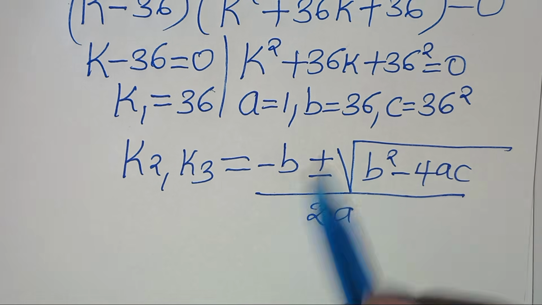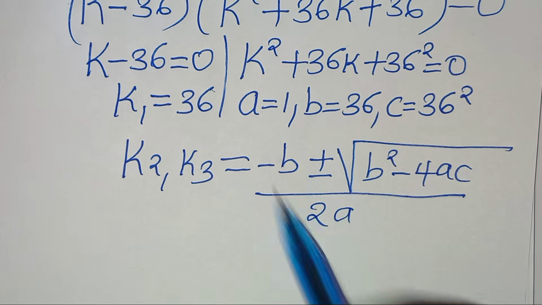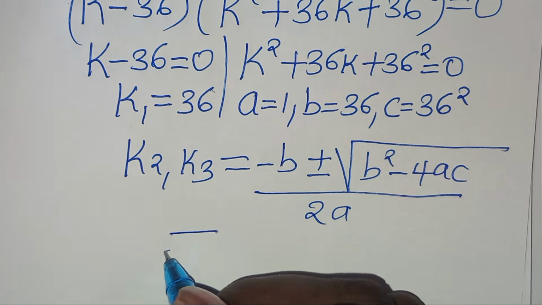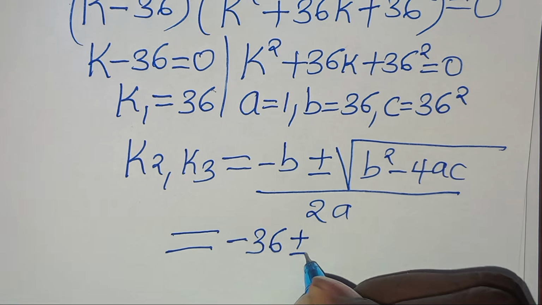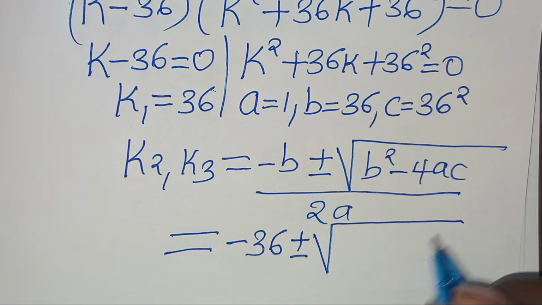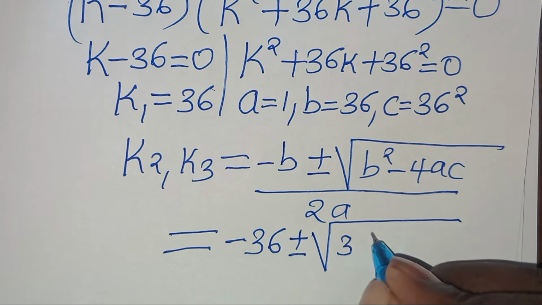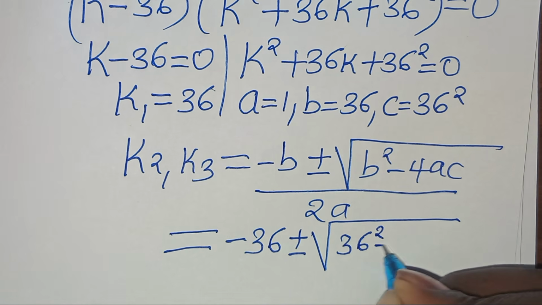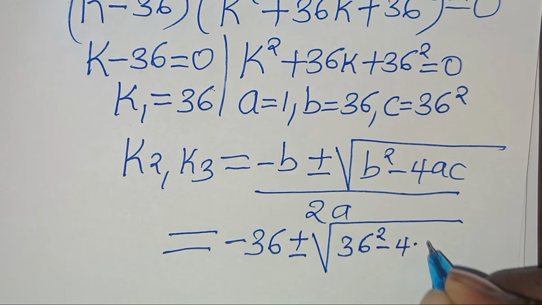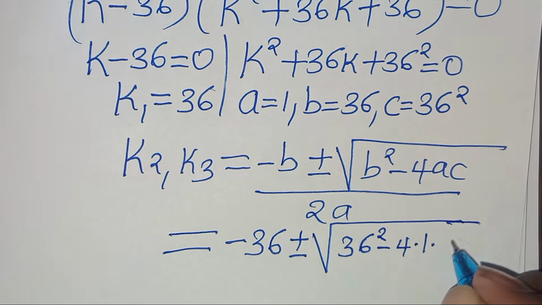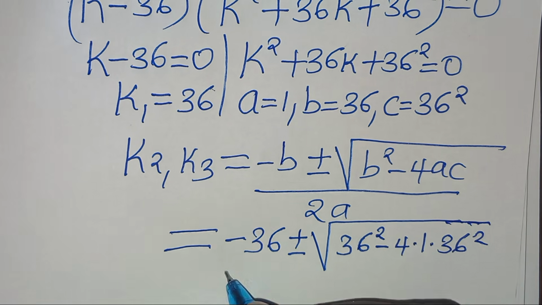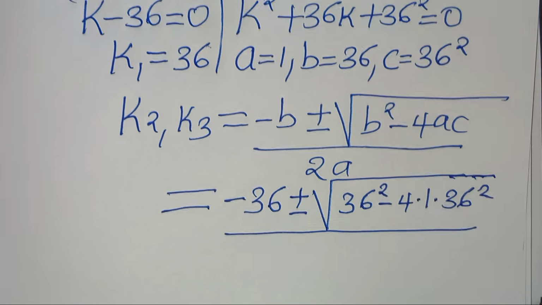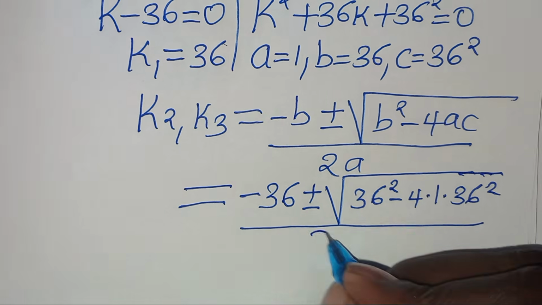Substituting the values of a, b, and c, we have negative 36 plus or minus the square root of 36 raised to the power of 2 minus 4 times 1 times 36 raised to the power of 2, everything divided by 2 times 1.